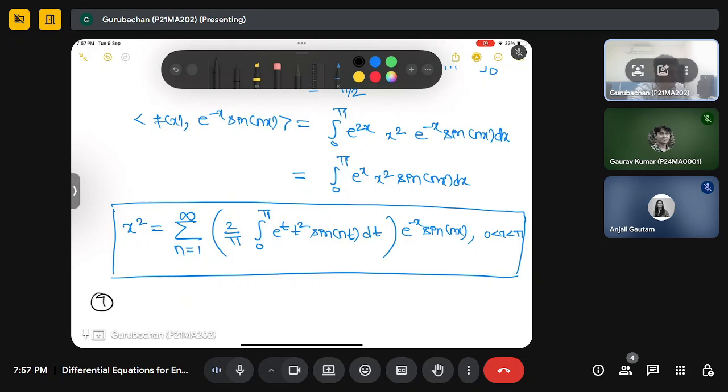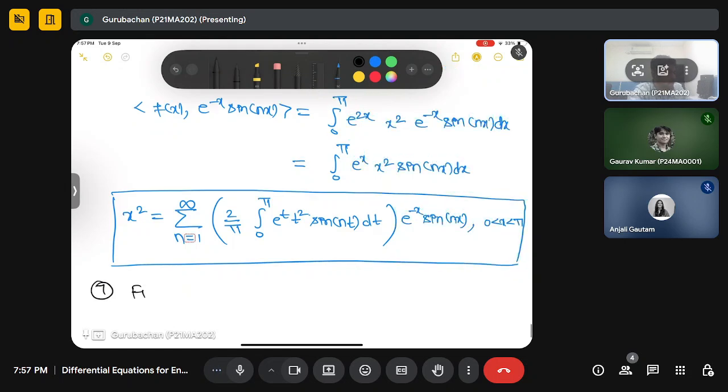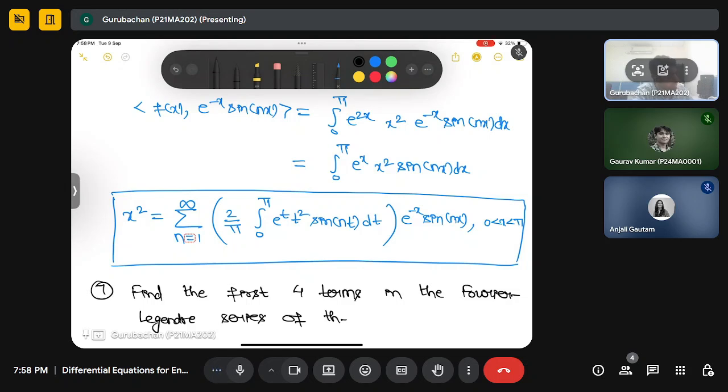So question number 7. What we have to do here: find the first 4 terms in the Fourier Legendre series of the function.